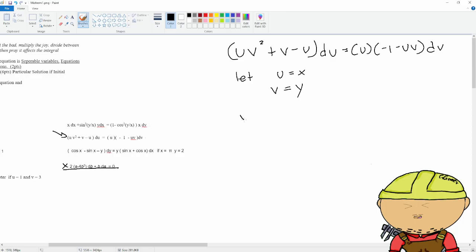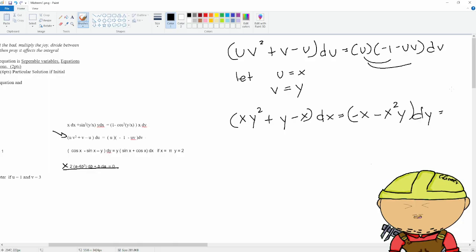So x y squared plus y minus x dx is equal to negative, and I'm going to distribute the u, negative x squared y dy.